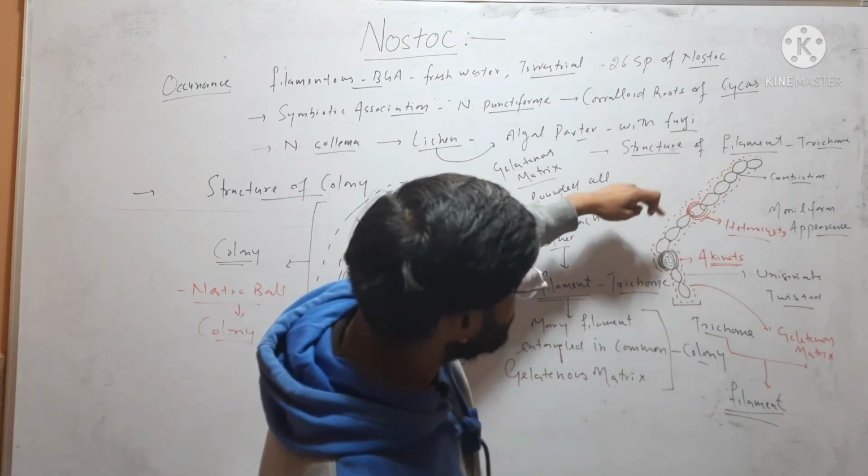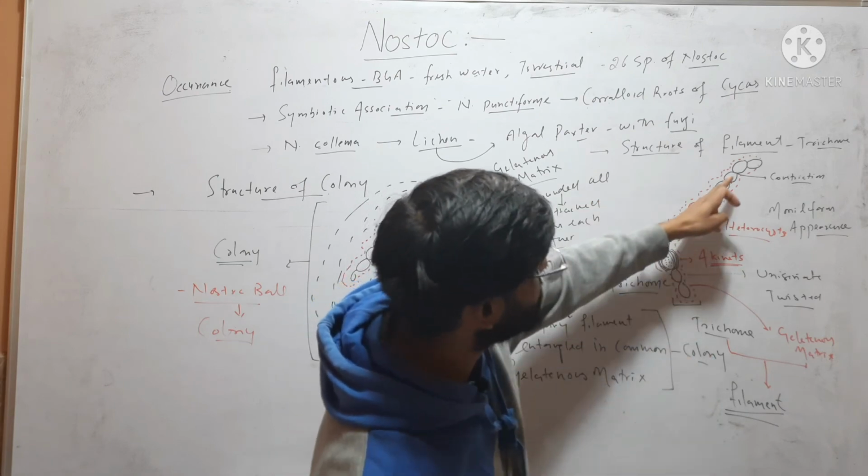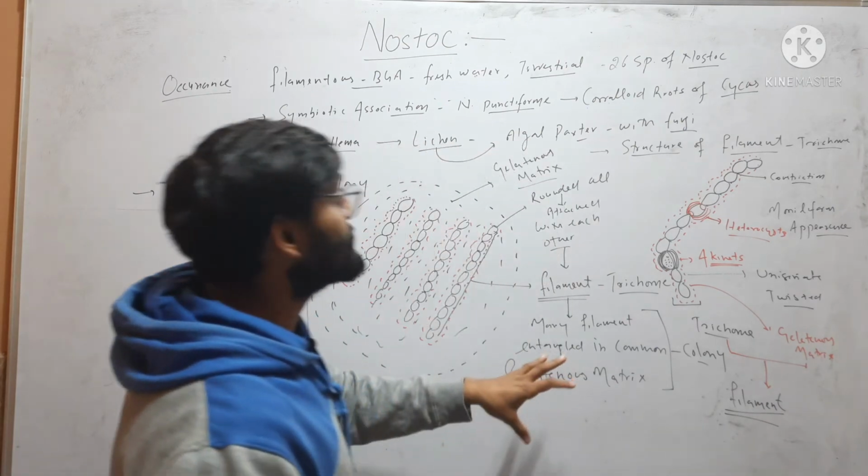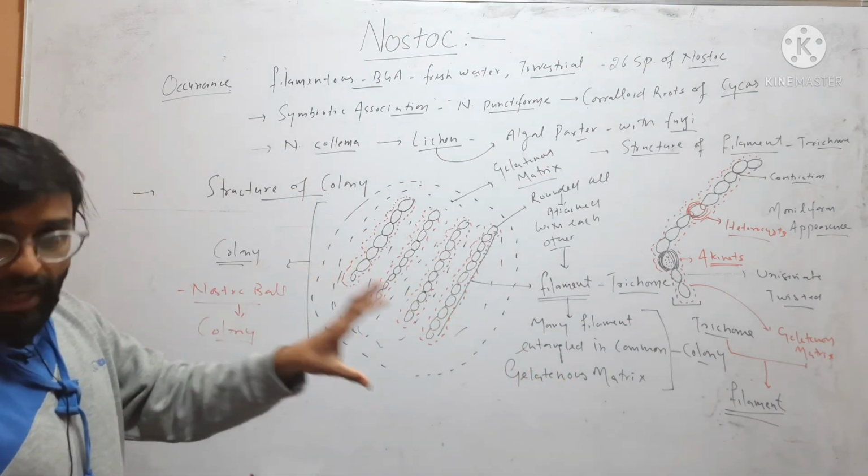This single structure is called trichome, and trichome with gelatinous matrix is called filament. So this is the structure of its filament.